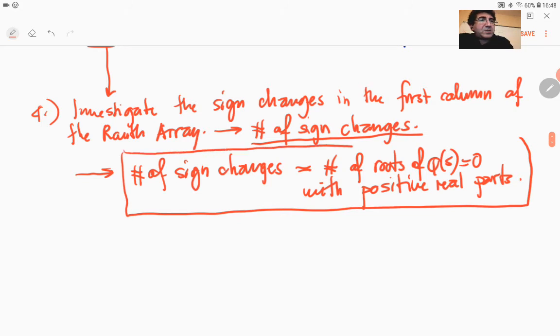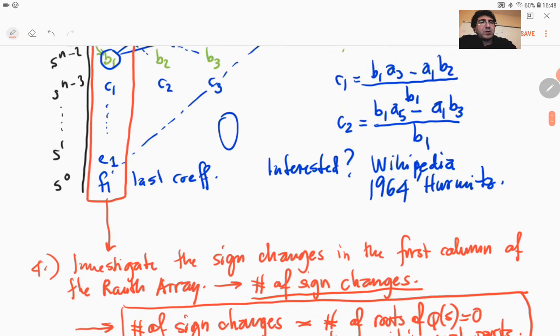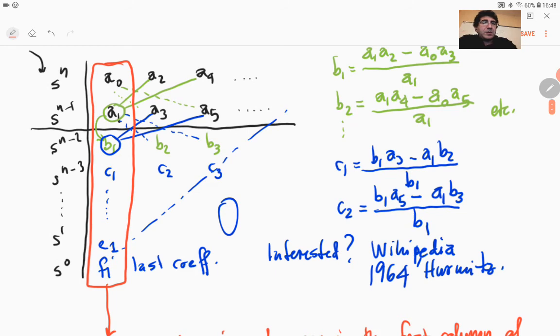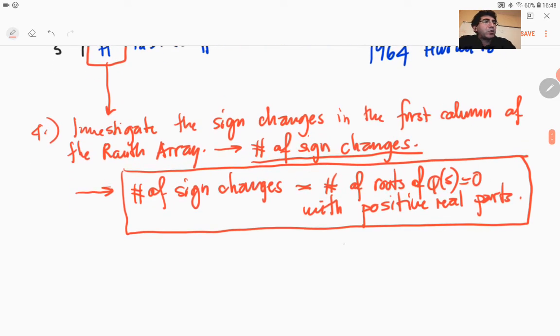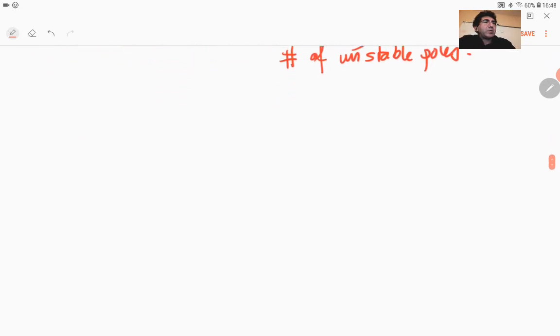A very interesting result, because you construct an array of numbers from the given polynomial. You have a first column with a number of sign changes, and the number of sign changes tells you how many unstable poles you have. If you don't have any sign changes, all the numbers having the same sign, that means you have a stable system. Let me show it to you with an example.